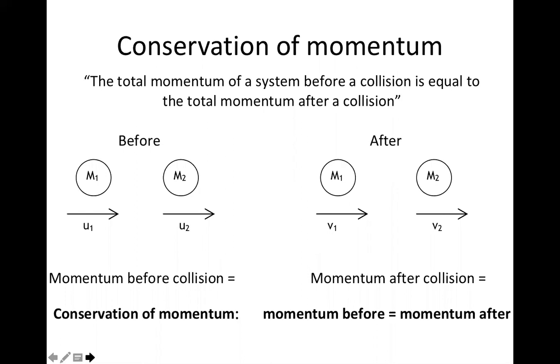Okay, so conservation of momentum: the total momentum of a system before a collision is equal to the total momentum after a collision. That's the principle of conservation of momentum. Like conservation of energy, before and after is the same. It is not destroyed, just transferred.